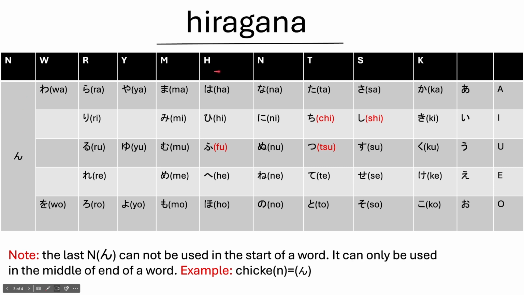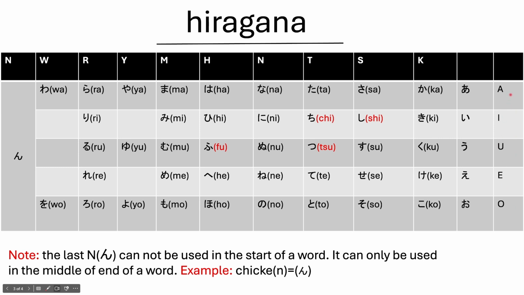This is the hiragana chart. The first thing you have to notice is the vowels. These are the sounds that exist in hiragana, and you can compare these with the English alphabet. In both English and Japanese, the vowels are the base of the language.